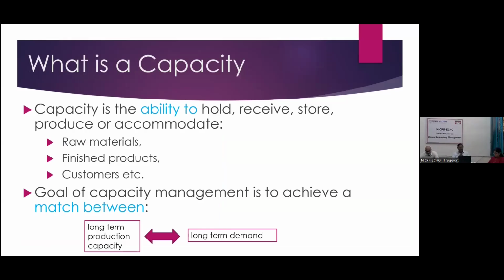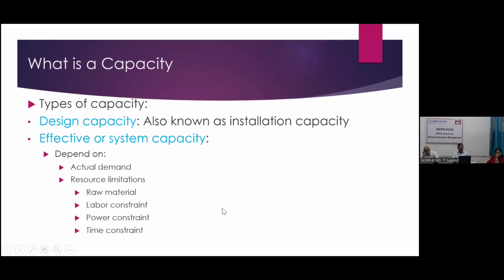So what is capacity? Capacity is the ability to hold, receive, store, produce, or accommodate raw materials, finished products, or customers, etc. The goal of capacity management is to achieve a match between long-term production capacity and long-term demand. This is our goal of capacity management.